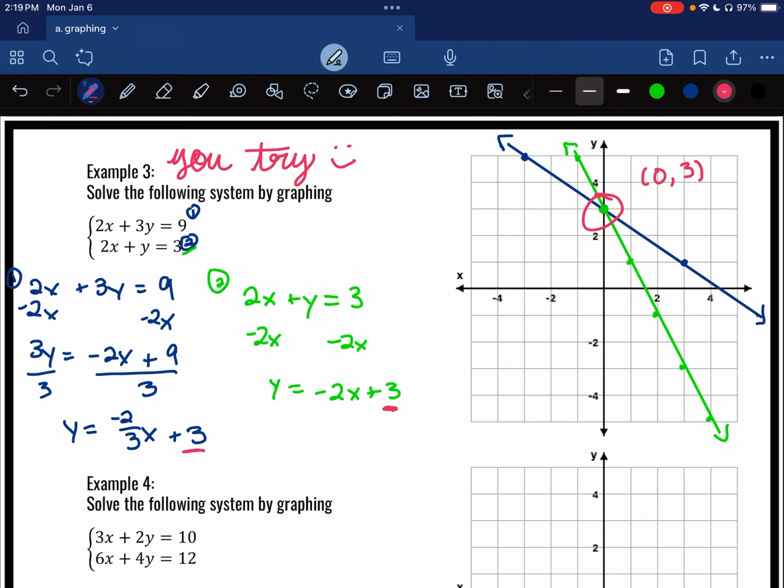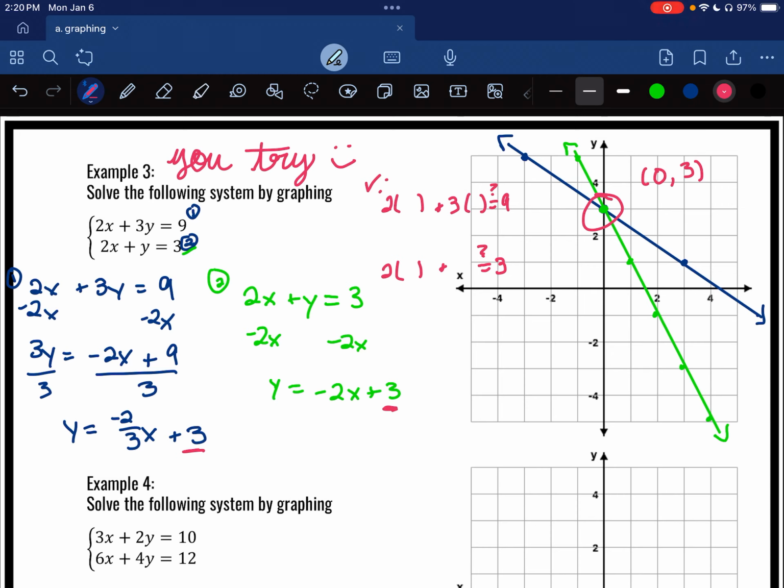So when I'm checking my work, we're going to want to check it in the first one. So 2 plus 3, hopefully that's equal to 9. And then 2 plus whatever y is, hopefully that's equal to 3.